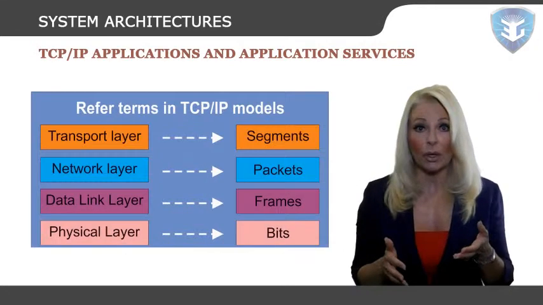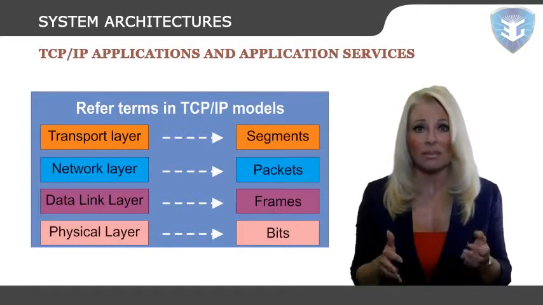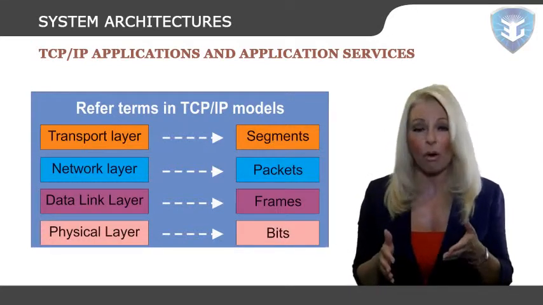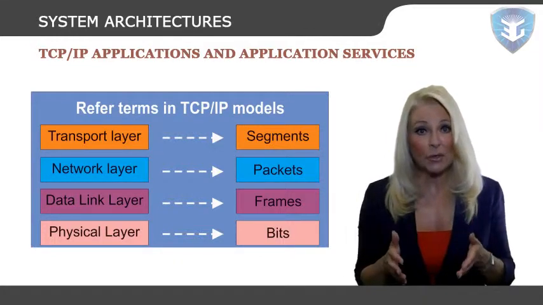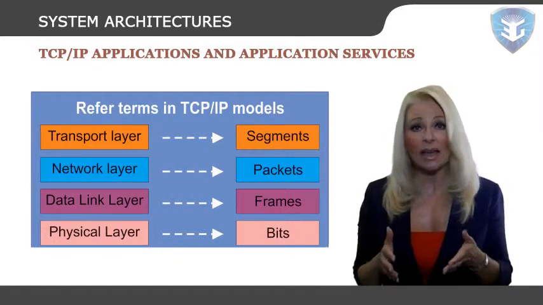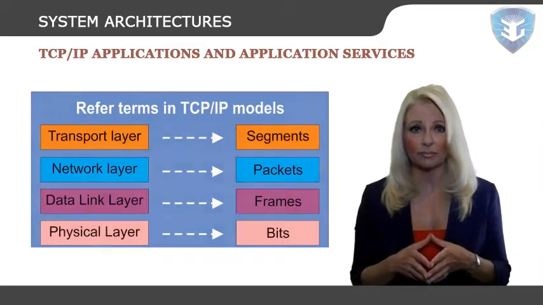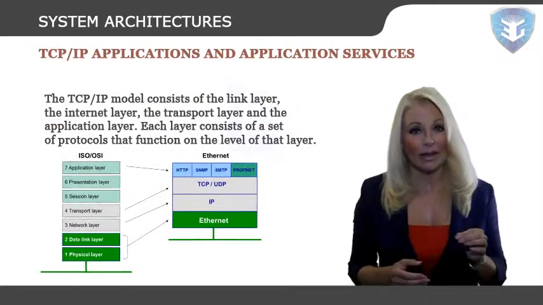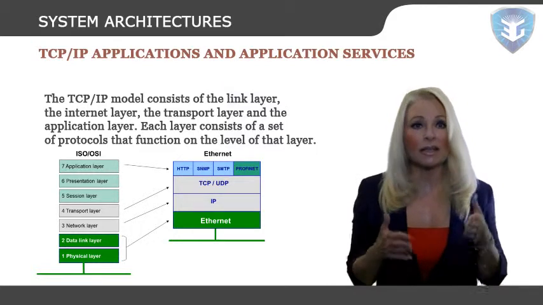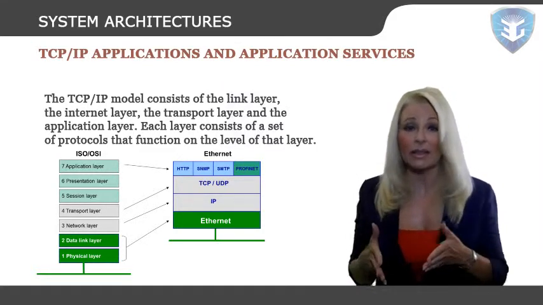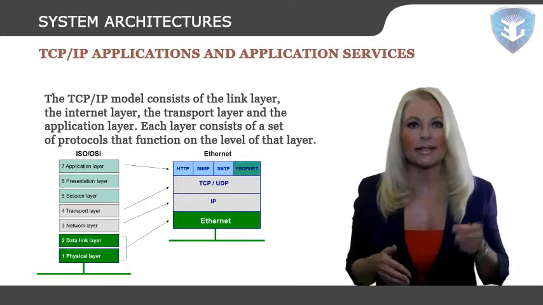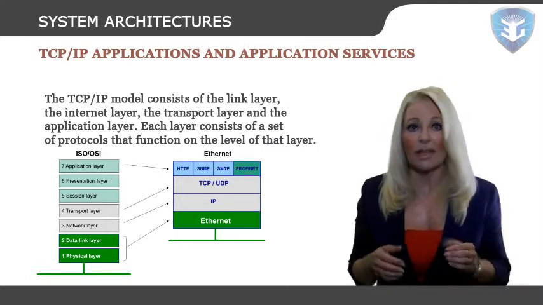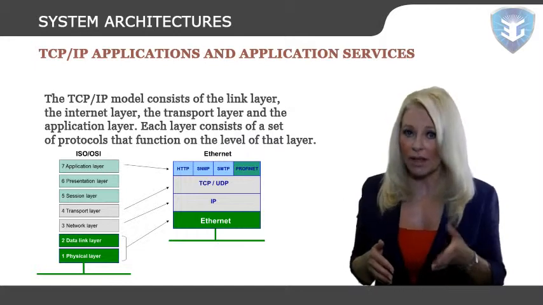The lower layer protocols translate data into forms that can be physically transmitted over a network. The upper layer protocols deal with abstract data and function at a level closer to the user. The TCP/IP model consists of the link layer, the internet layer, the transport layer, and the application layer. Each layer consists of a set of protocols that function on the level of that layer.